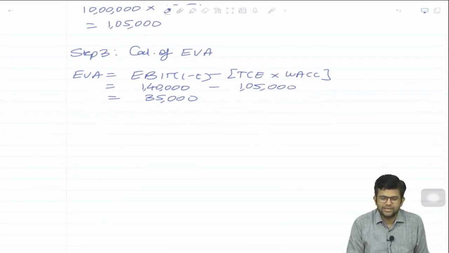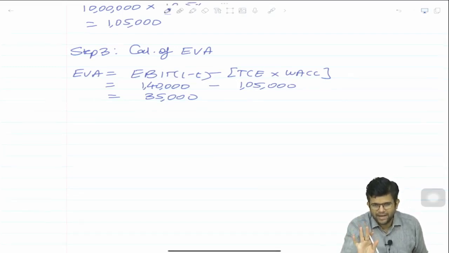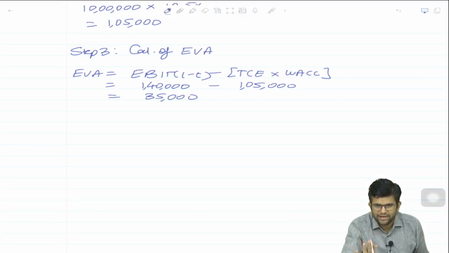Here, how is everything taken into consideration? You are applying tax rate on EBIT. Actually tax rate should be applied on EBT. Basically, the tax saved by interest has been ignored, no?